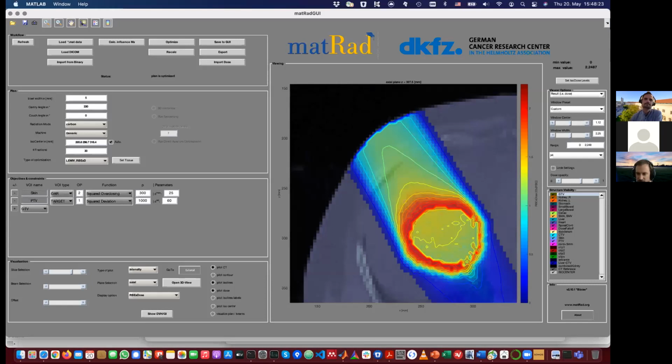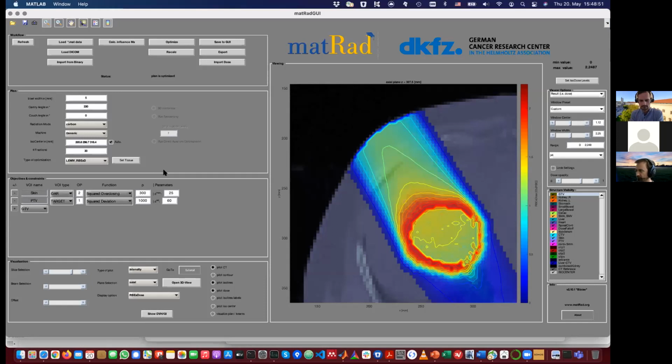So in principle, choosing the right alpha beta ratios here is not very different than, for example, how it always works in photon therapy, where you might think about different prescriptions. For example, you might want to boost the region of the prostate, because you know there's some more radio resistant part of the tumor there.